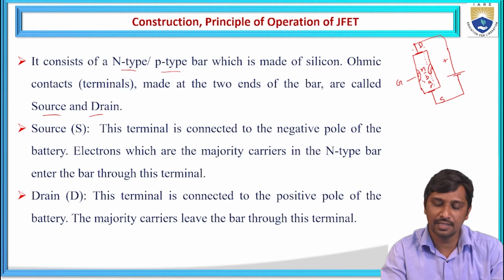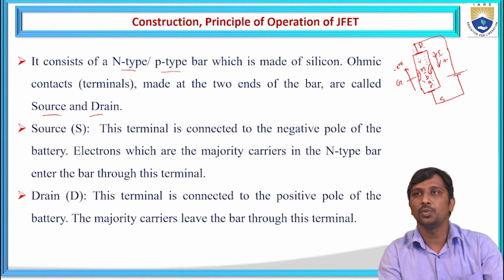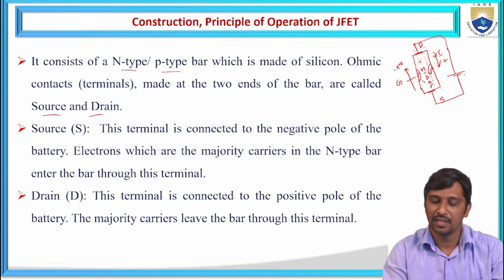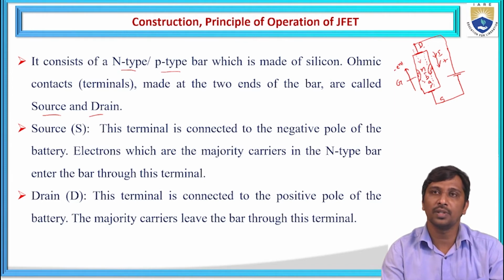Hence, the conventional current flows from the drain to source. So this is the current flow direction, and this is the electron flow direction. Due to this applied energy, electrons, the majority charge carriers, are repelled from the source to drain through this N-type bar to allow the conduction across the drain.